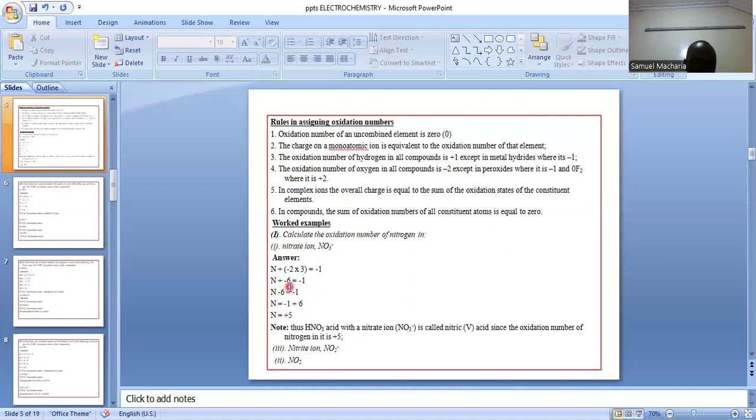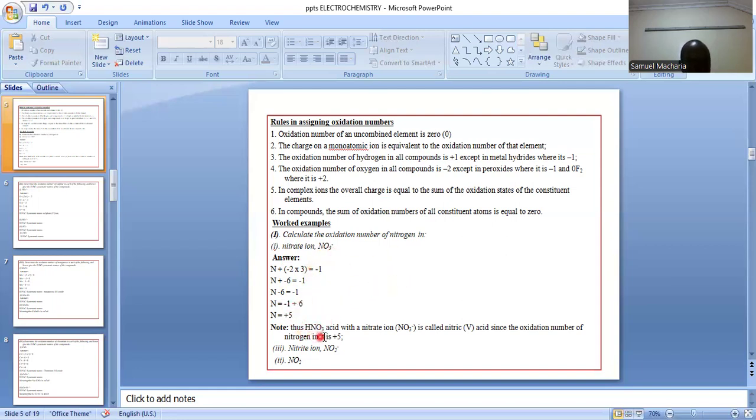And therefore, when we take -6 to that side, it becomes positive. So N equals -1 plus 6. Whereby now, if we simplify, N equals +5. We don't write 5, but we write +5, being the oxidation number of nitrogen in the nitrate.